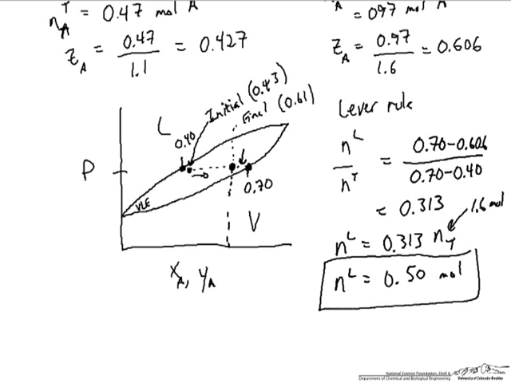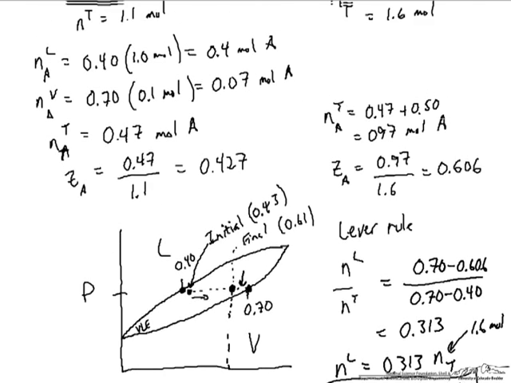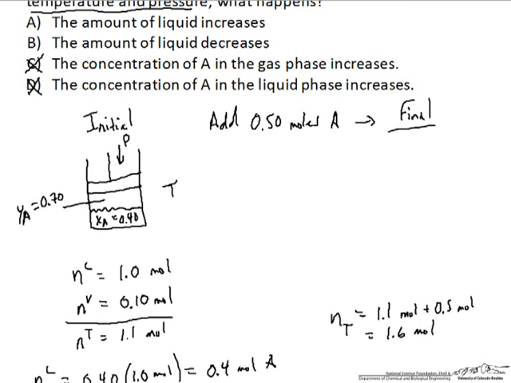And so the number of moles of liquid actually goes down. This may initially seem counterintuitive, that we're adding component A and not changing the composition of the liquid or the vapor, yet we're decreasing the total amount of liquid by adding A. The reason is that what we're adding is the more volatile component. It helps to go back up to our system here. As we add the more volatile component, the net volatility of the system becomes greater.